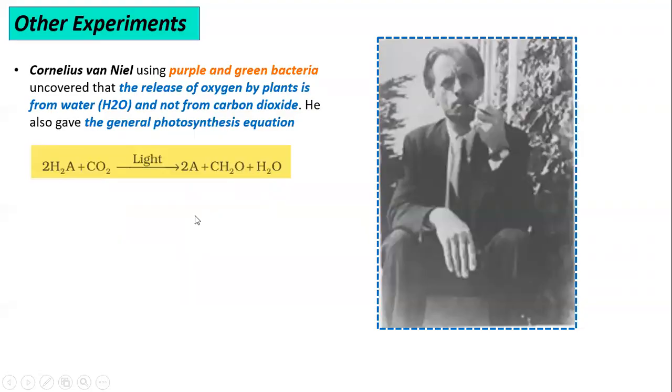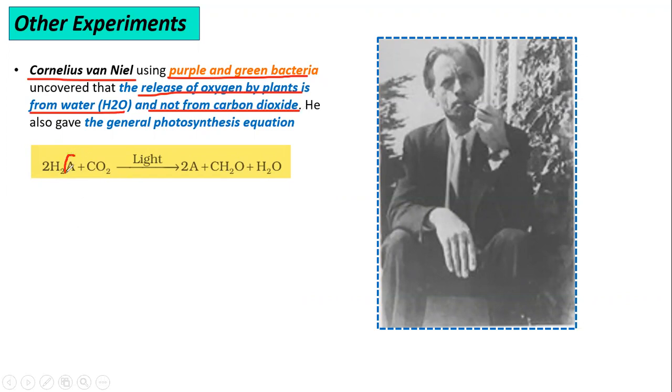Next is Cornelius Van Niel. We have only one more slide left, about Cornelius Van Niel. He proposed, using purple and green sulfur bacteria, that the oxygen released by plants is from water and not from carbon dioxide. He gave a generalized equation for that as well.